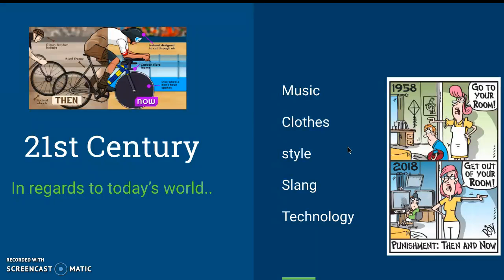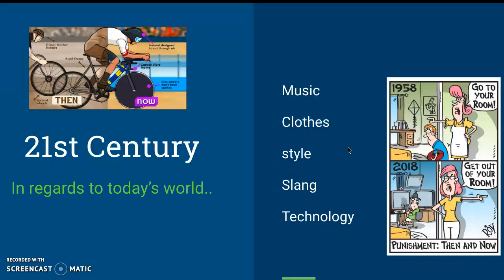So there was really no reason for them to always be inside the house. But in today's world, punishment would be to get out of your room, get off of your phone, get off the computer, go outside and experience nature and be more active, basically.